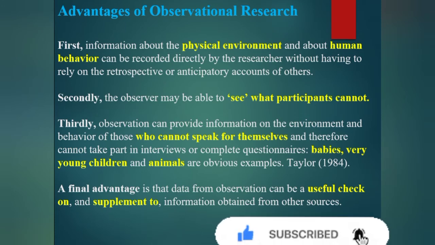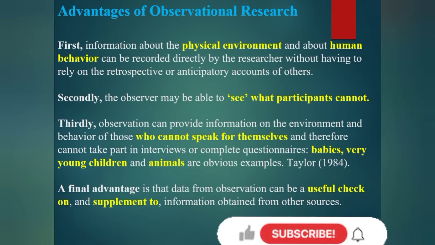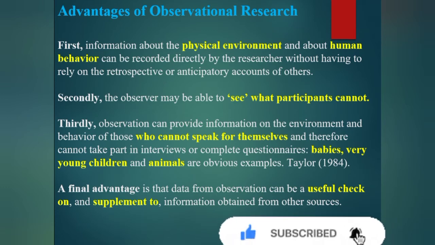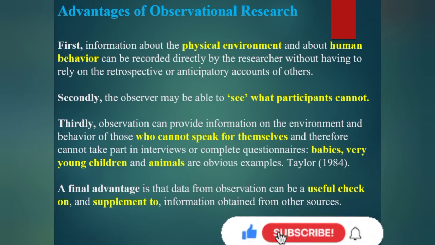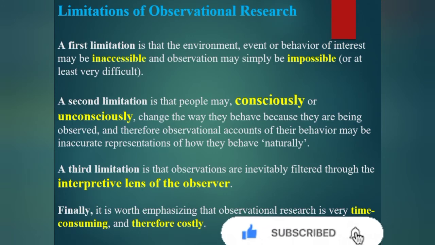Thirdly, observation can provide information on the environment and behavior of those who cannot speak for themselves and therefore cannot take part in interviews or complete questionnaires. Babies, very young children and animals are obvious examples. Taylor, 1984. A final advantage is that data from observation can be a useful check on, and supplement to, information obtained from other sources.